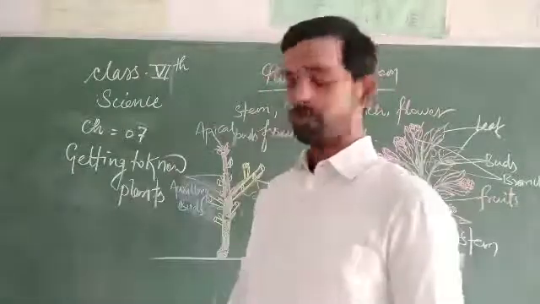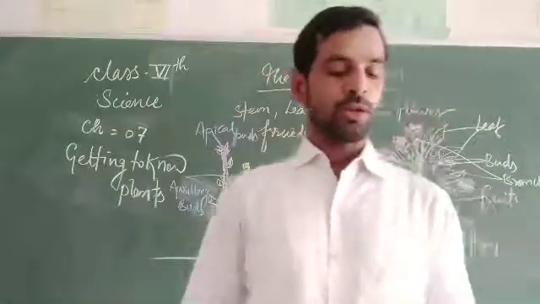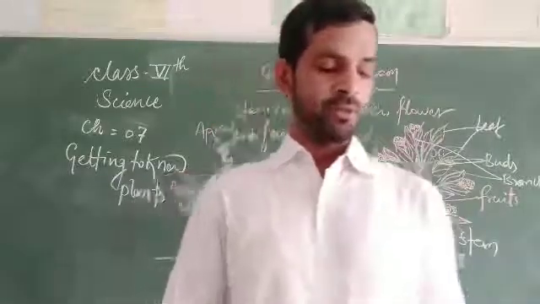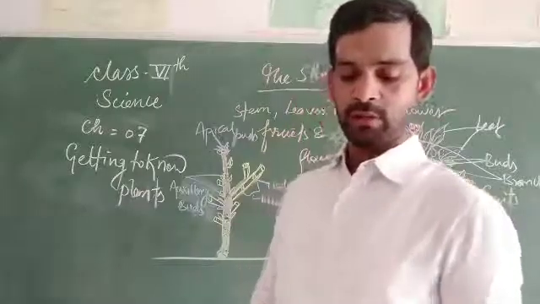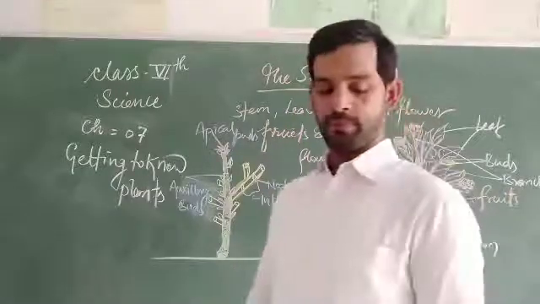Trunk: when the stem grows into a thick, woody and hard structure, it is known as the trunk. In most trees, the trunk is covered with bark which protects the trunk.